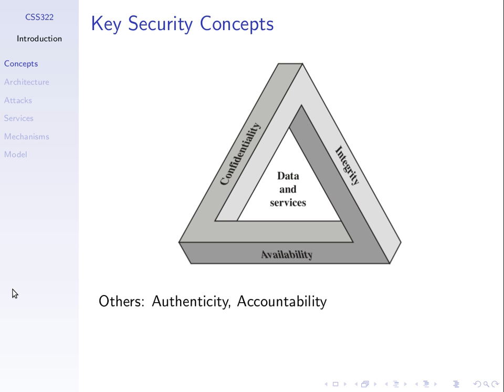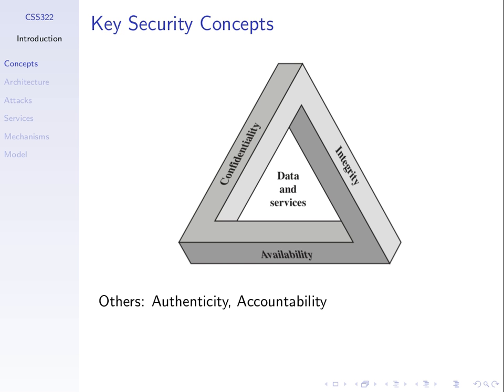Coming back to those three key terms in the first definition, integrity, availability and confidentiality, they are key security concepts. Integrity: making sure the information, the data, is not modified when we transmit it across a communication system.